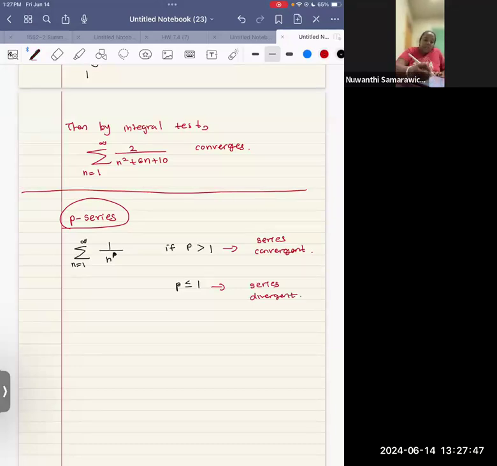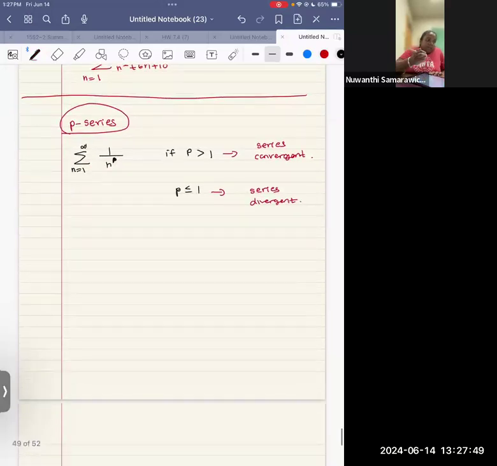Okay, so can you find what this is? Now this is, we know, the harmonic series. So what about this? Is it divergent or convergent by using the P series? It's divergent, right?